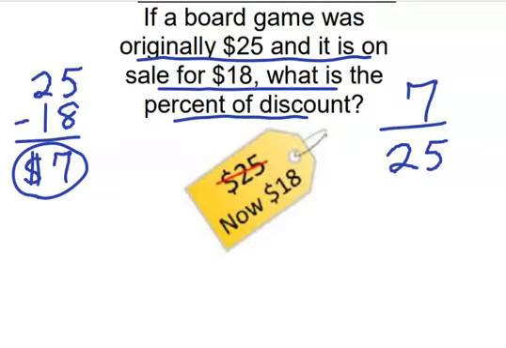So the easiest thing to do is divide 25 into 7, and that would give you your decimal. Or the other thing you can do is this. You can go from 25 to 100, because that would be a full amount. 25 times 4 is 100, so 7 times 4 is 28, right? So it's going to be 28 if we use a scaled up ratio. And why would we want to get up to 100?